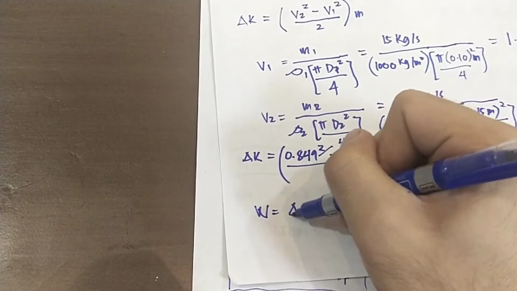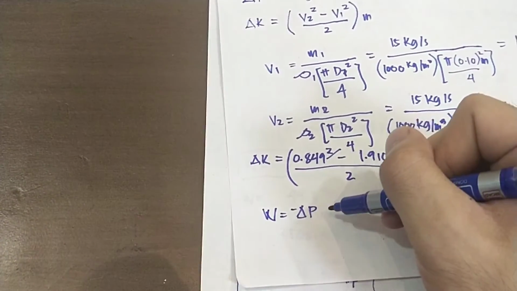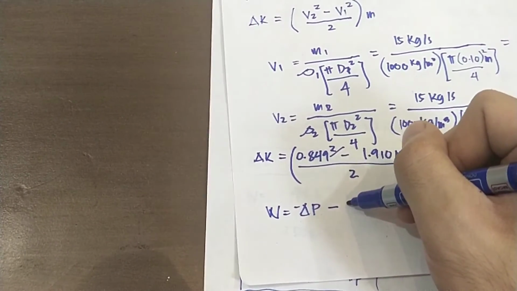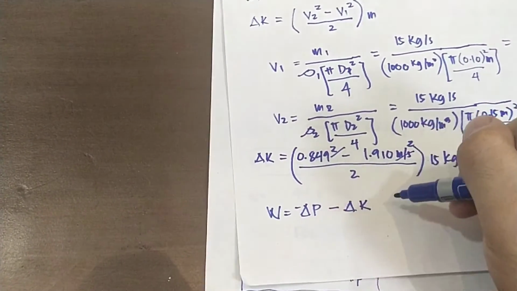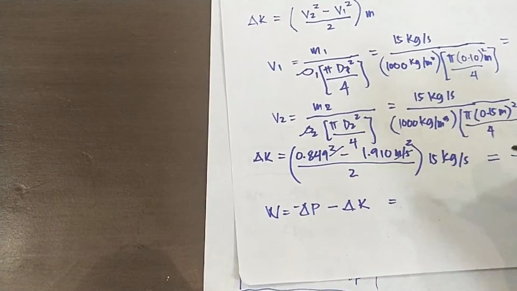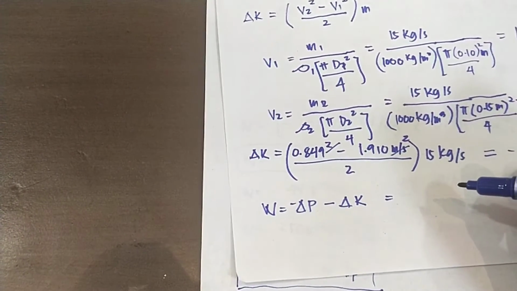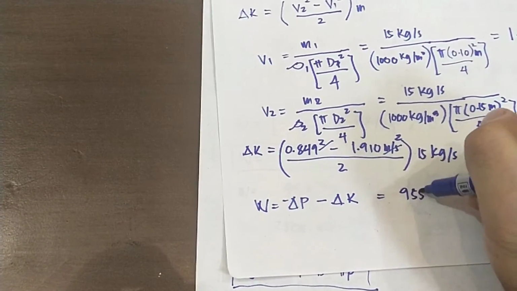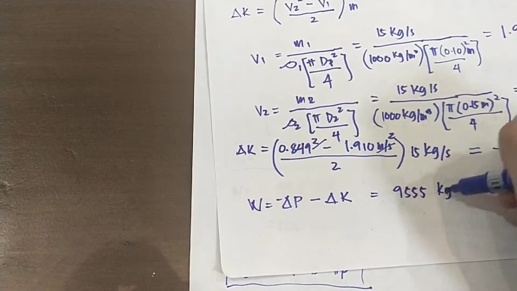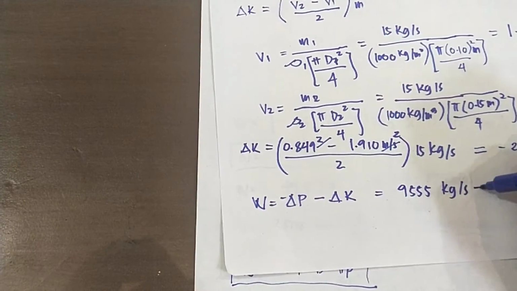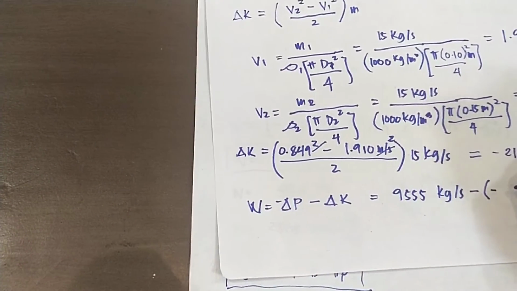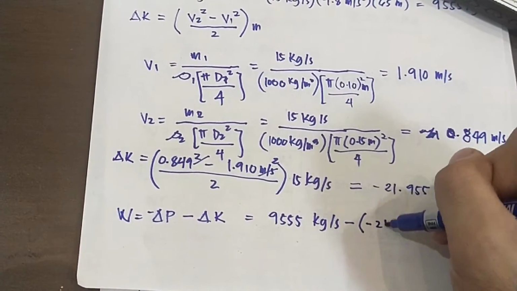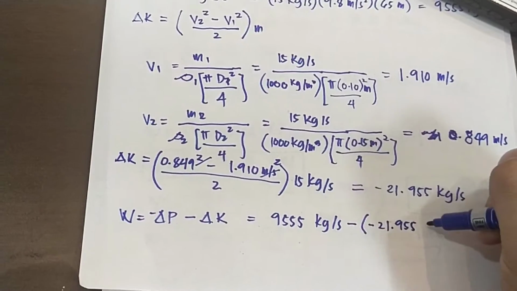And to find our work, which is the negative change of potential energy minus the change of kinetic energy: our change of potential energy is equal to 9,555 minus our change of the kinetic energy, which is negative 21.955.